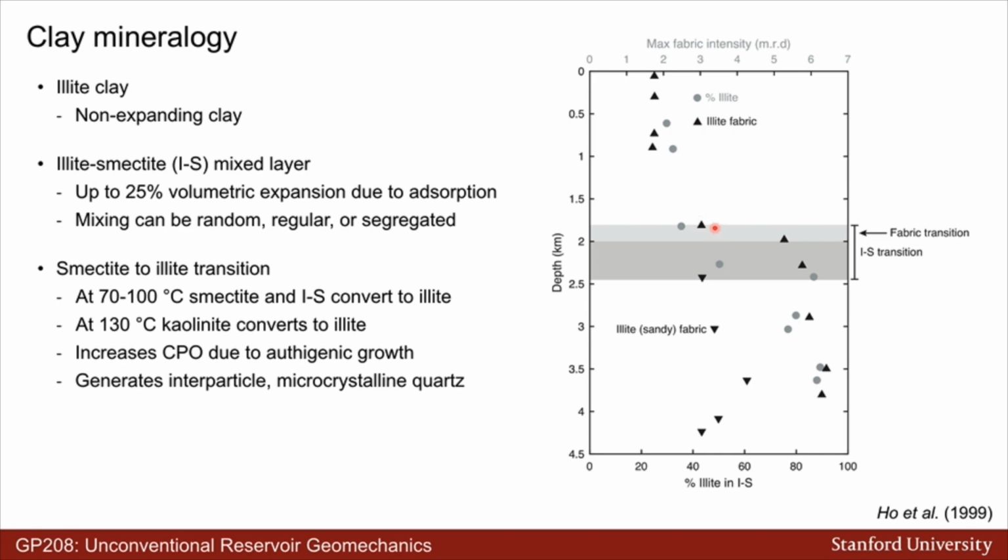And then we see a big jump in the fabric. That results from 2 things. One is that there's actually authigenic growth of illite during that transition. So that means illite is growing in place under the stress of burial, which often creates growth in that bedding parallel direction, and thus further enhances any existing fabric.